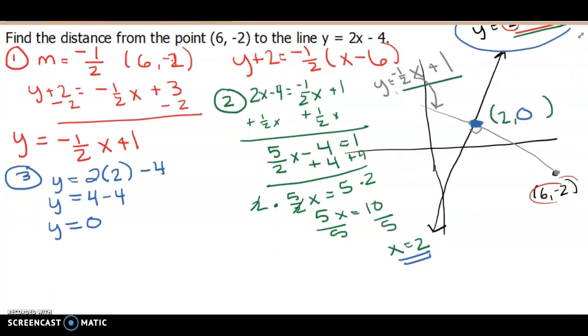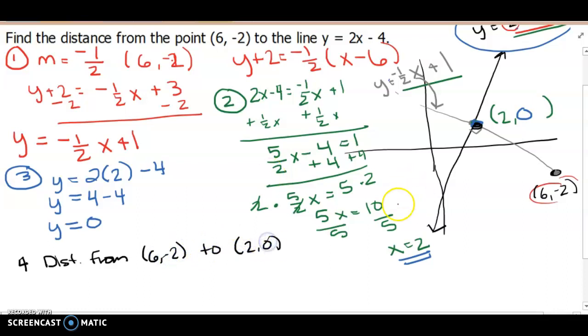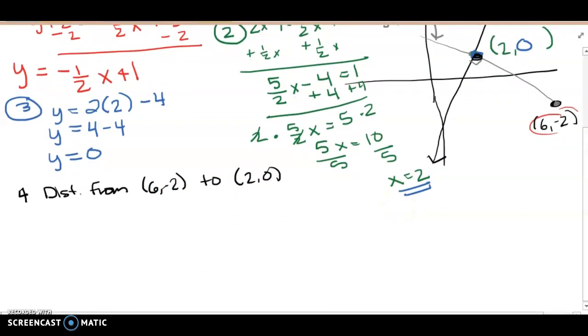Now all I want to do is find the distance from (6, -2) to (2, 0). So step 4, I want to find the distance from (6, -2) to (2, 0). I do that by just using the distance formula. x1, y1, x2, y2.